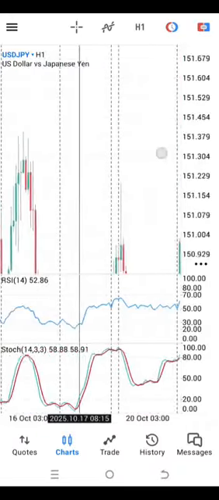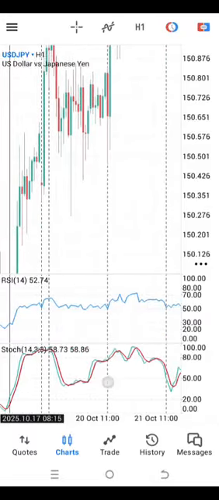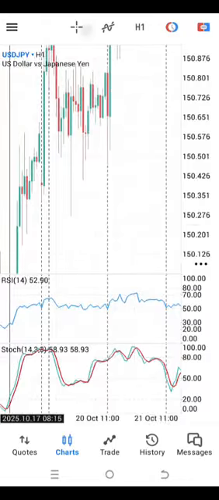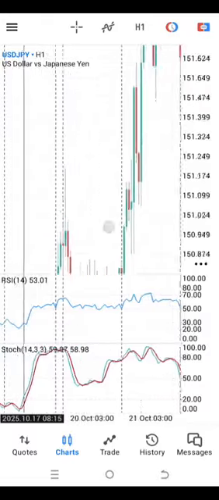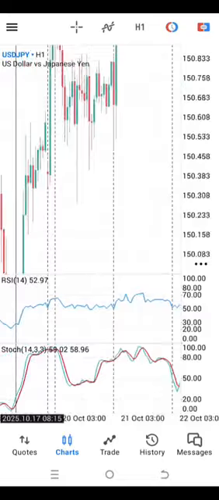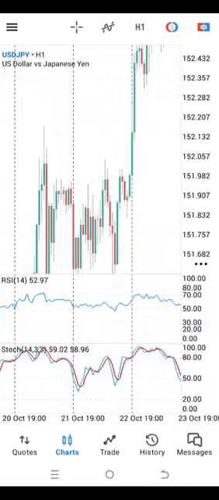I'm going to exit when the RSI on the H1 time frame moves above level 70. See how far you would have held this trade, guys. This is where you would have taken your entry, and see how far you would have enjoyed this trade. So guys, this is very simple.